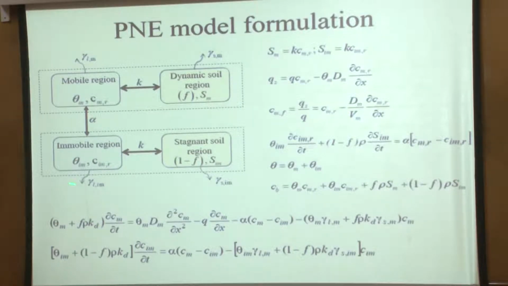So now with all of this, what is going to change? We will again have similar definitions for the total solute flux and for the bulk concentration, and we can substitute all of these. We will get two equations because we have essentially two unknowns, CMR and CIMR.